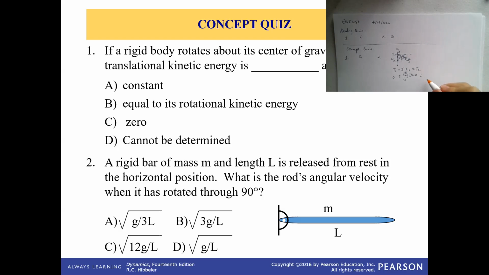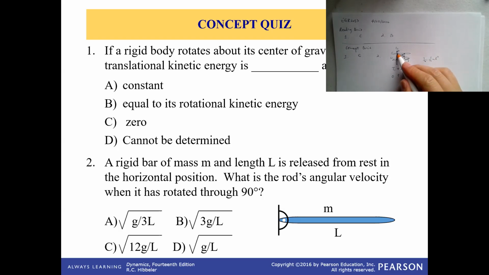In this case, because the torque is changing according to the angle, you can do that. Then it's going to be equal to 1/2 I about this point O. For a rod, it's 1/12 mL squared, but that is I of G, when it's rotating about the center of gravity.